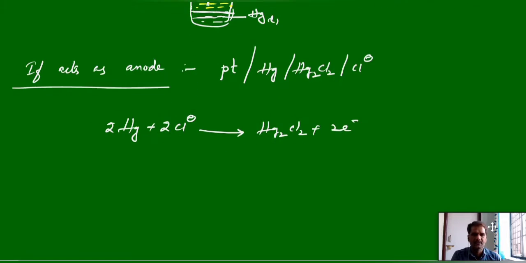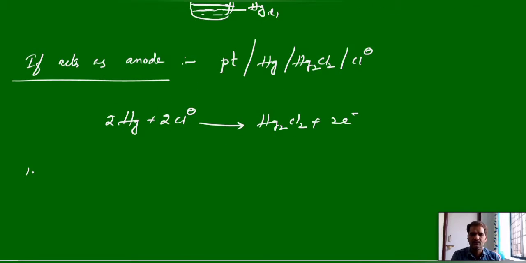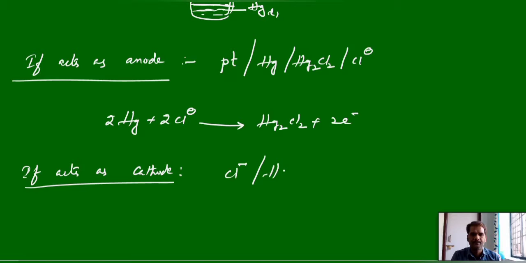And if this calomel electrode acts as a cathode, you can take the representation quite reversed: anion, insoluble salt, and mercury.